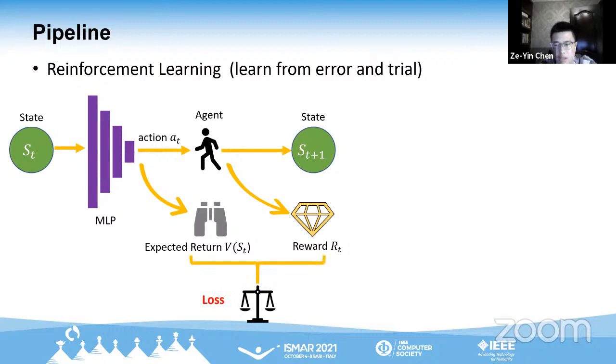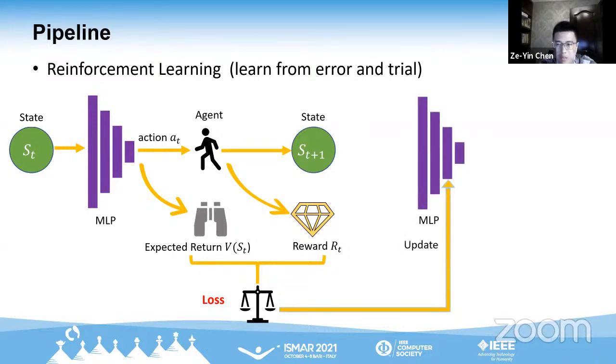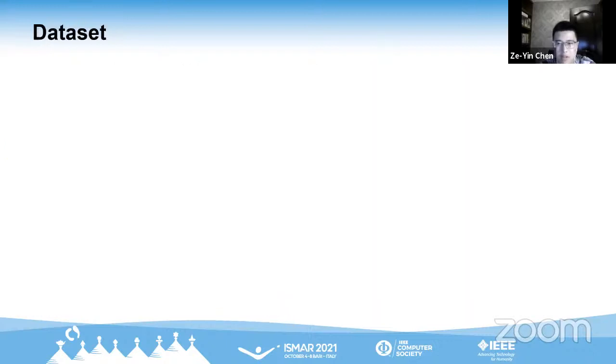Finally, we calculate the difference between the expected returns and the cumulative reward as a loss function. We update the MLP network using this loss function. After that, new actions can be made with the new multilayer perceptron, and the above process is repeated to allow the agent to learn while interacting with the environment.